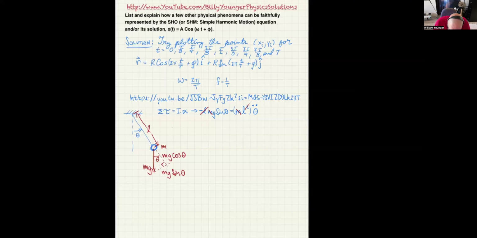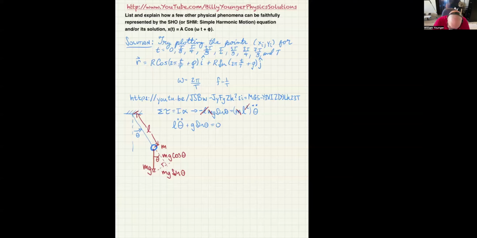Specifically, I'm going to have L times theta double dot plus g times sine theta is equal to zero. That is not the same as the simple harmonic oscillator. The simple harmonic oscillator has to have the function times a constant. And I actually have the function theta in this case. I have the sine being taken of it.